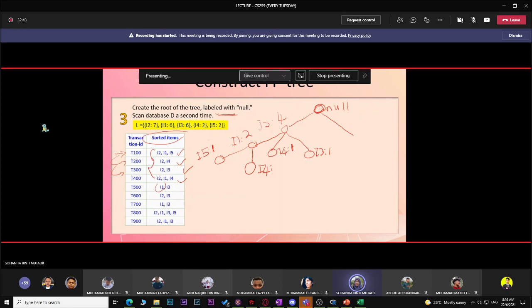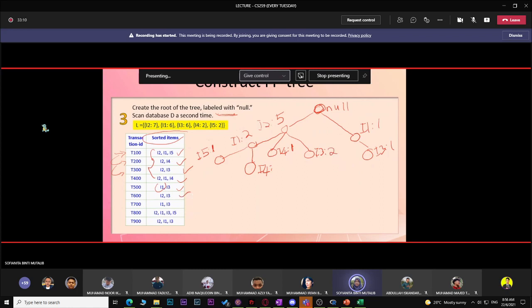So it should be I1 here. This count of 1 and then we have I3. This count is 1. Okay. So add this one, okay. So the next one is here, jadi 5. Okay, and then you have here, another jadi 2.